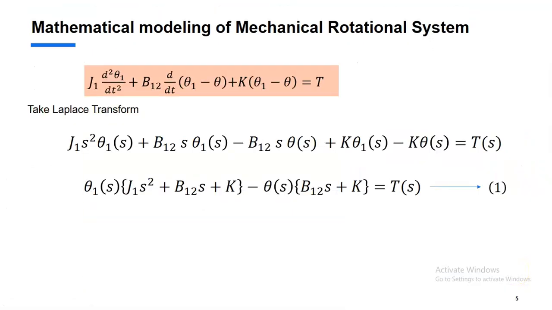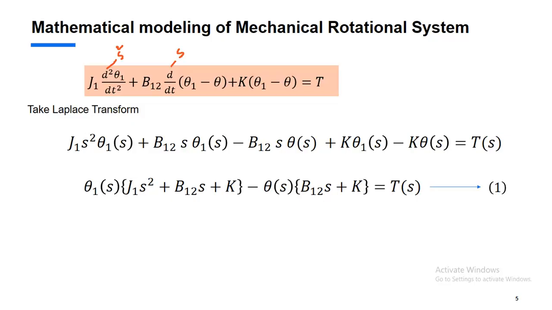Now this is the equation, and we are taking the Laplace transform of this equation. Wherever you find d square, we have to represent s square, and wherever we find d by dt, if you take the Laplace transform, it is s. So it is J1 s square theta 1 of s, B12 s into theta 1 of s, minus B12 s into theta of s, k into theta 1 of s minus k into theta of s.